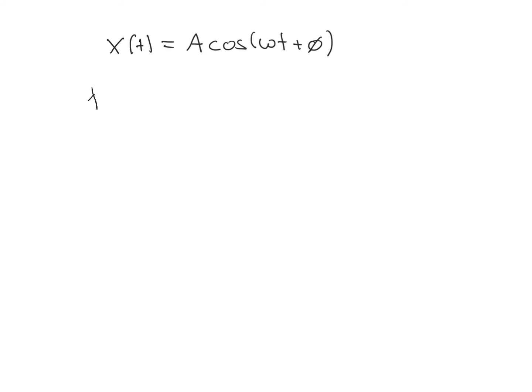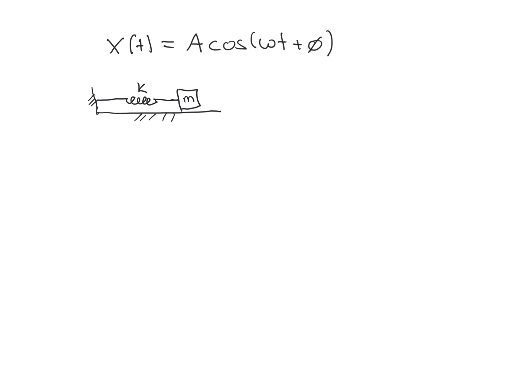I'm going to build a little tabletop with a wall at the end, and then I'm going to connect to the wall a little spring. The spring will have a spring constant k, and I'm going to attach to the end of the spring a mass m. I'm going to choose a frictionless tabletop here so that the only horizontal force that acts on the mass is the spring force.